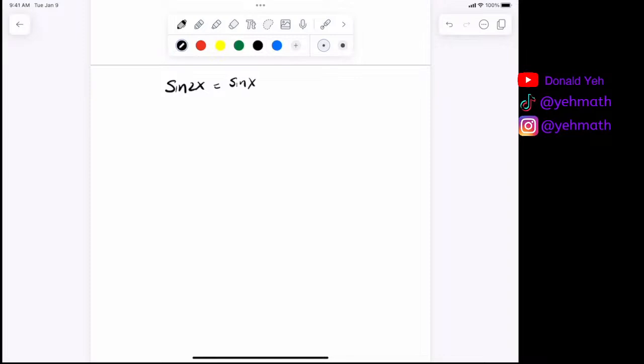Anybody can raise a hand and tell me what the sine of 2x is? You just passed that test, hopefully. Replace that with 2 sine x cosine x equals sine x.